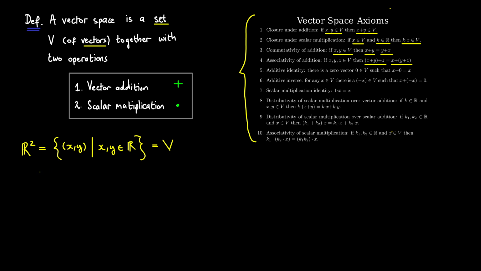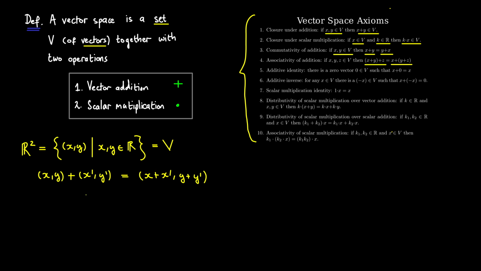If I take (x, y) and I want to add that to, let's say, (x prime, y prime), I have to end up with another vector in my vector space. So if V is the set of all pairs of numbers, I have to end up with a pair of numbers. The very natural way of doing this is taking x plus x prime and y plus y prime. And that's our vector addition.